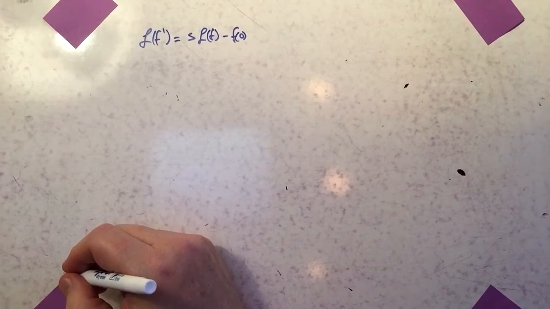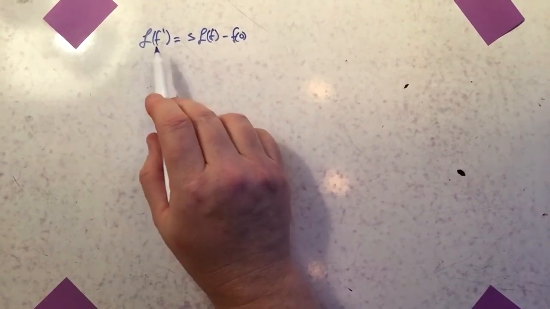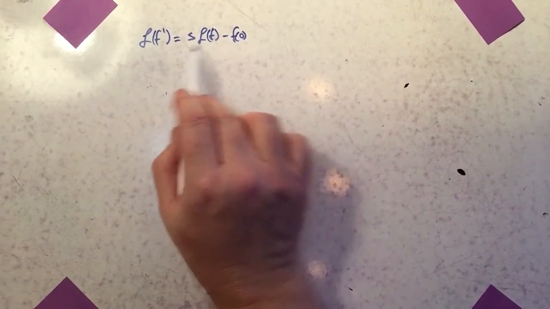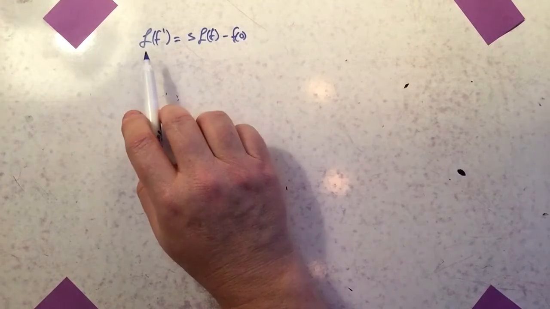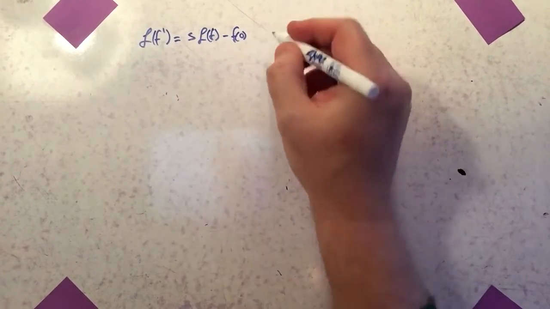Now, you can derive this pretty easily, and the derivation for it is in section 6.2. We're not going to spend time on the derivation now because I want to show you how to apply this. In the same respects, there is a Laplace transform for a second derivative of a function.